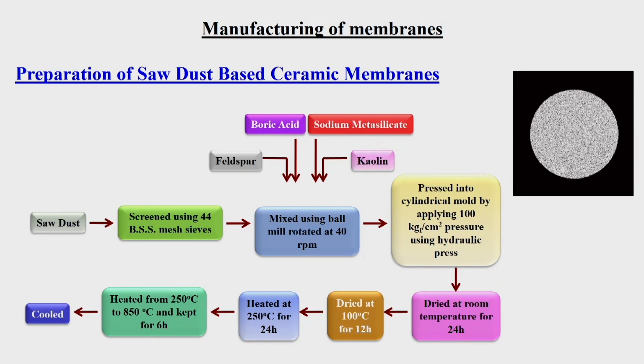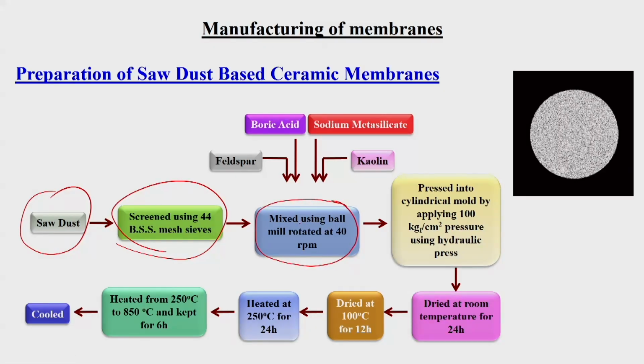Here the pore forming material is the sawdust. The sawdust is taken, then screened through 44 BSS mesh sieves, and then mixed using a ball mill rotated at 40 RPM.